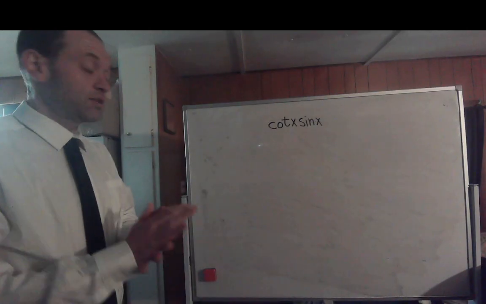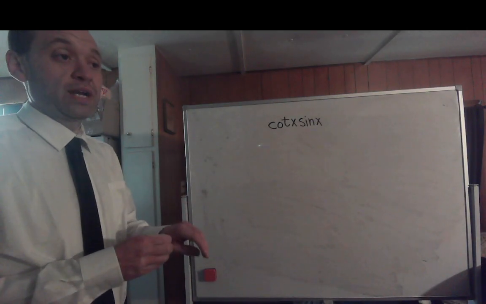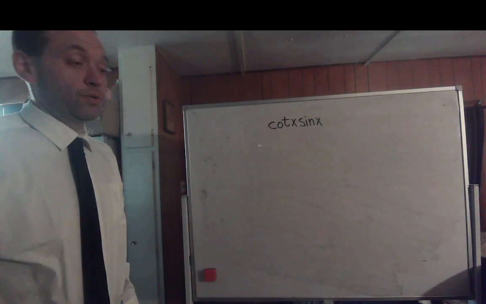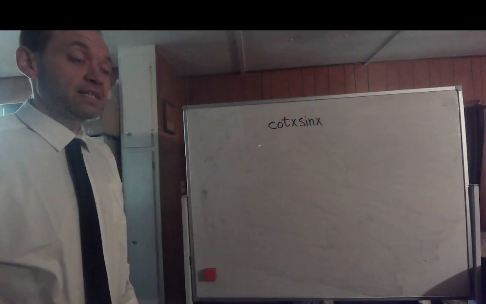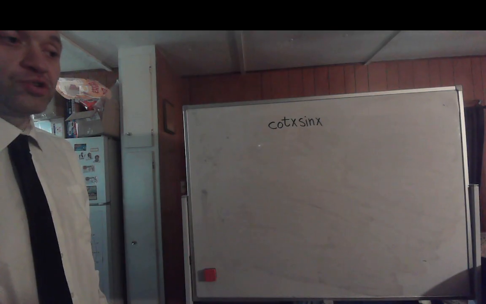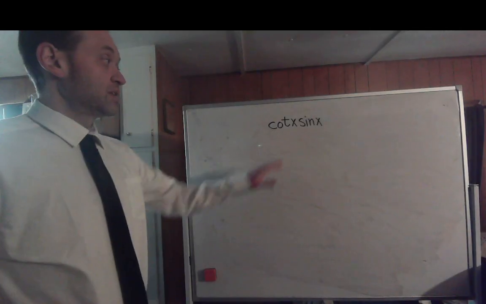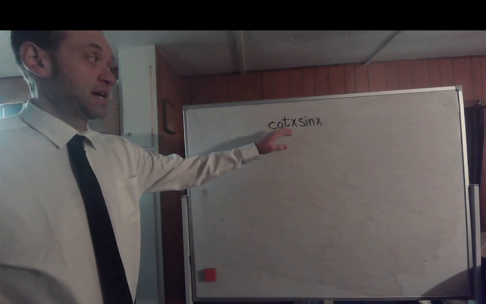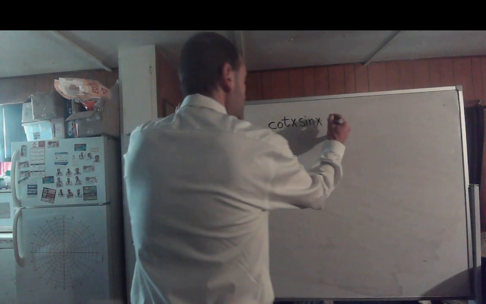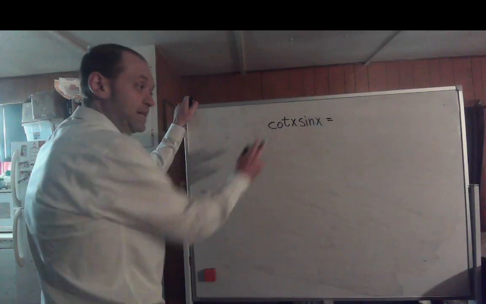So today we are starting the analytical trigonometry side of the trigonometry unit. In today's lesson we're going to simplify trigonometric expressions. Right here you have something like the cotangent of x times the sine of x. This can definitely be simplified. What is the cotangent?